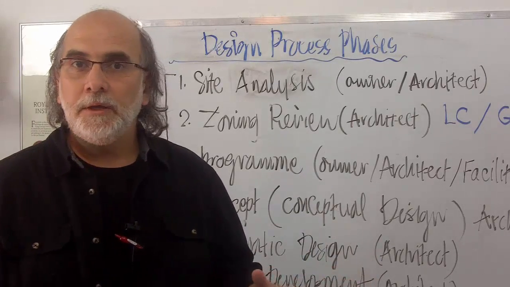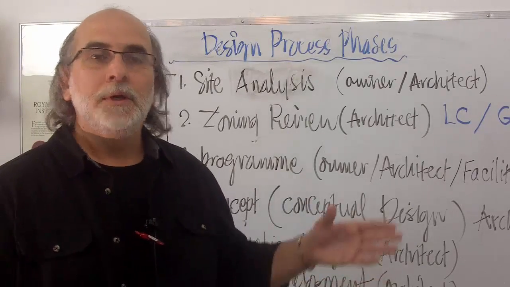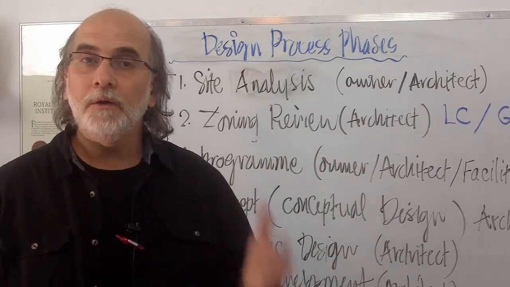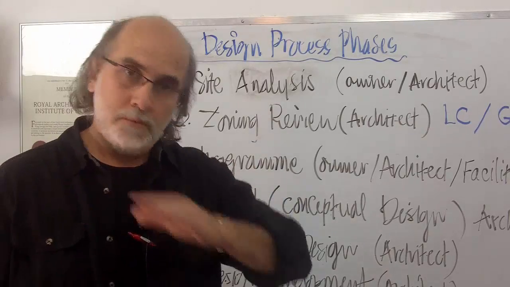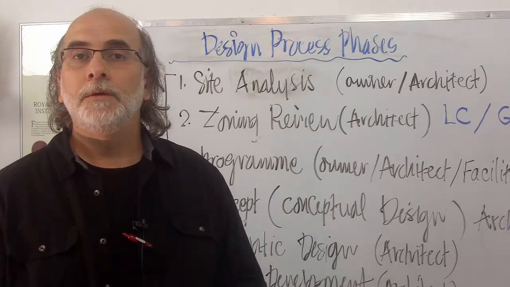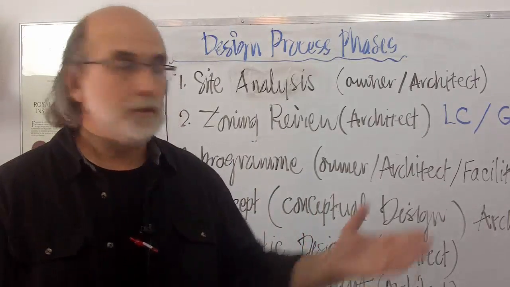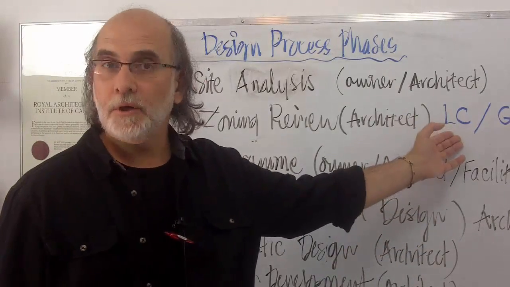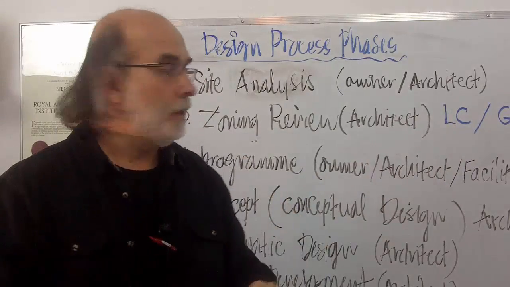But let's say it's vacant land of 1,000 square feet and the lot coverage is 60%. That means you can cover on the main floor 600 square feet of that 1,000 square feet. So that's the lot coverage, how much you can cover in that lot.